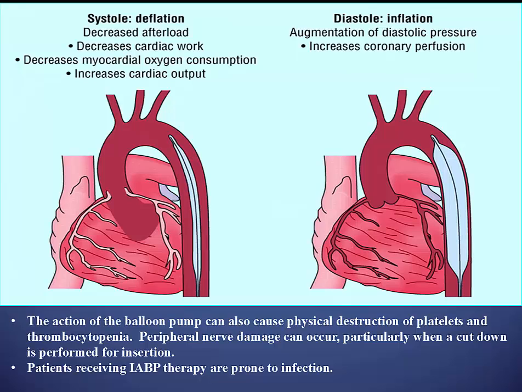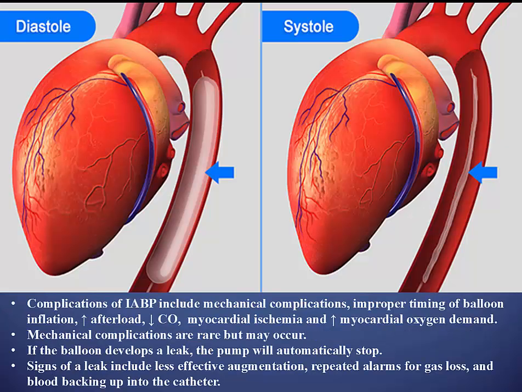Peripheral nerve damage can occur, particularly when a cut down is performed for insertion. Patients receiving intra-aortic balloon pump therapy are prone to infections. Complications of the intra-aortic balloon pump include mechanical complications, improper timing of the balloon inflation, increased afterload, decreased cardiac output, myocardial ischemia, and increased myocardial oxygen demand.